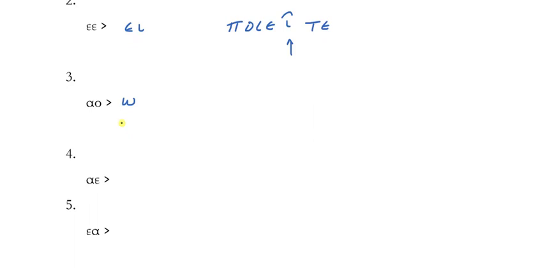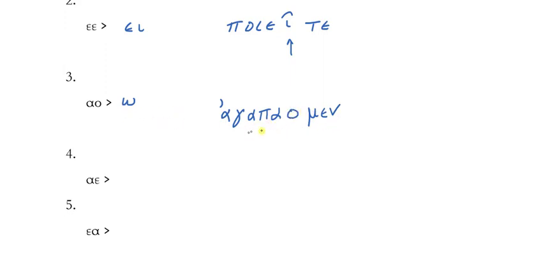Okay? The reason we've picked out alpha omicron is because we have a verb to love, which has the stem agapa. Okay? That's the contract vowel, the alpha. And if I want to say we love, I'm going to add men. What vowel will I put in front of the mu? Omicron.